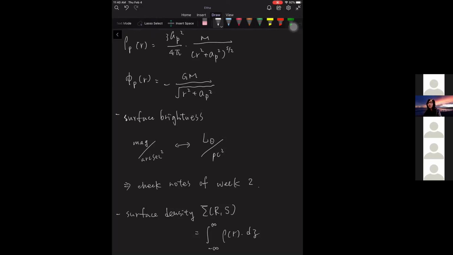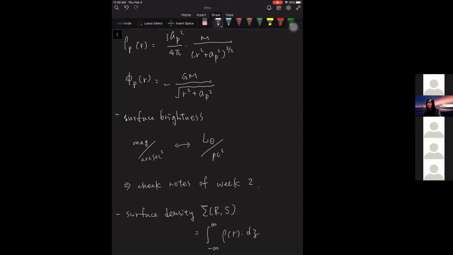You mean table 1.4? There's no magnitude in table 1.4. Oh, but table 1.4 gives V minus I, right?